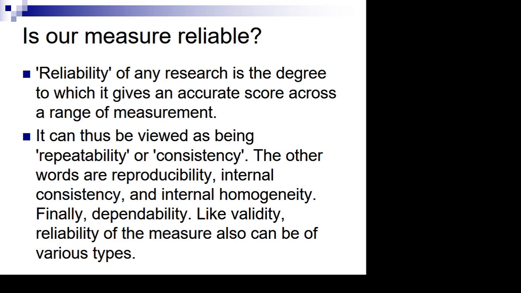So the first one refers to accuracy of the measurement, how accurately it measures, whereas reliability refers to how consistently it measures what it is supposed to measure. Consistently means, if yesterday's scale is valid, is it still valid today? If it is repeatedly being valid, it should be treated as reliability, in other words. So if it can consistently produce the same result 100 times, then it should be treated as reliable. So we must also establish the reliability of a scale.